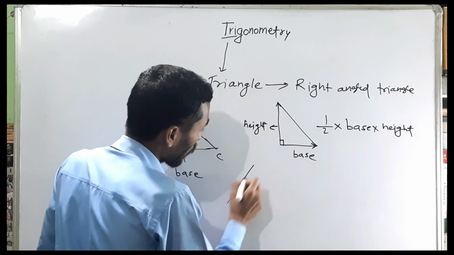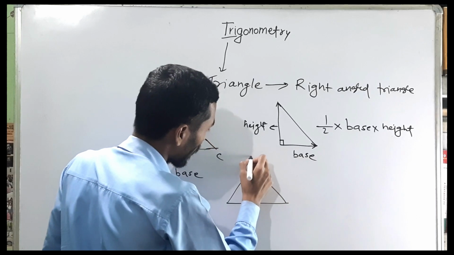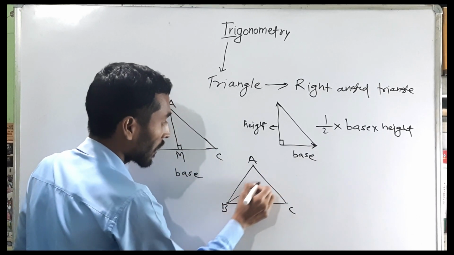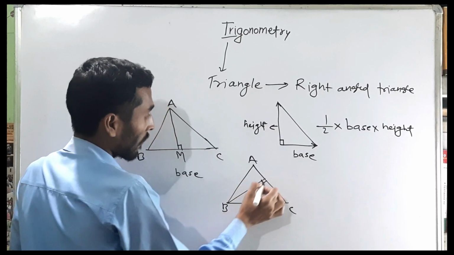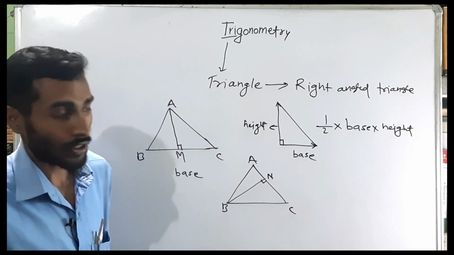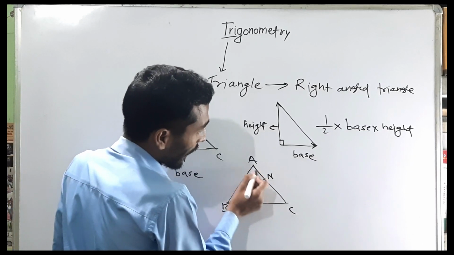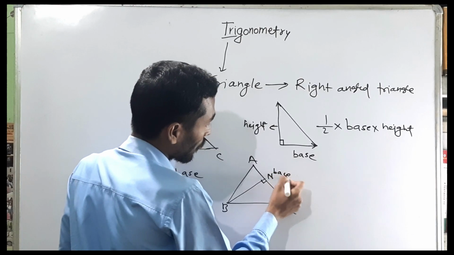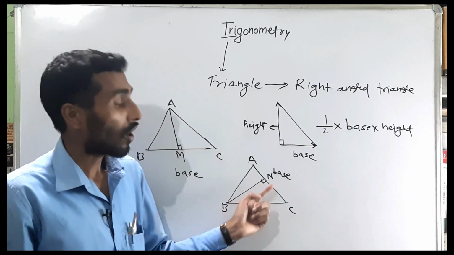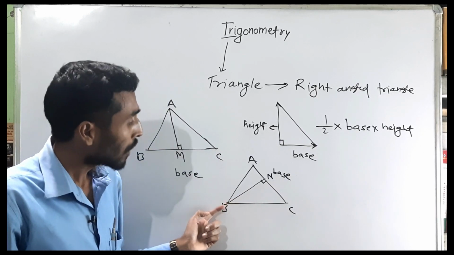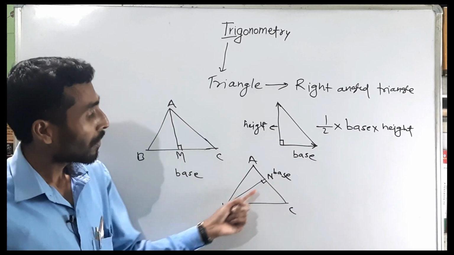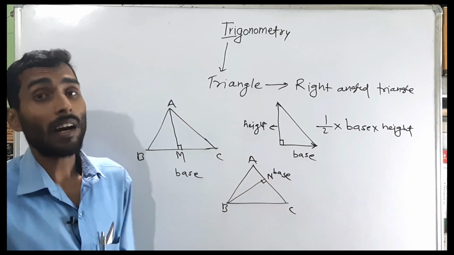If you draw a perpendicular from B to side AC, then BN is perpendicular, that is BN is the altitude and AC is the base. So the side on which the perpendicular is drawn is called the base, and that perpendicular line is called the altitude.